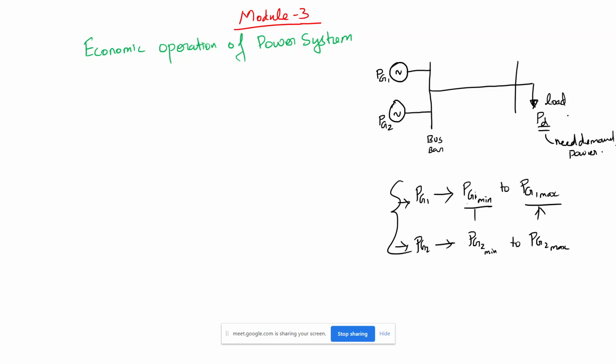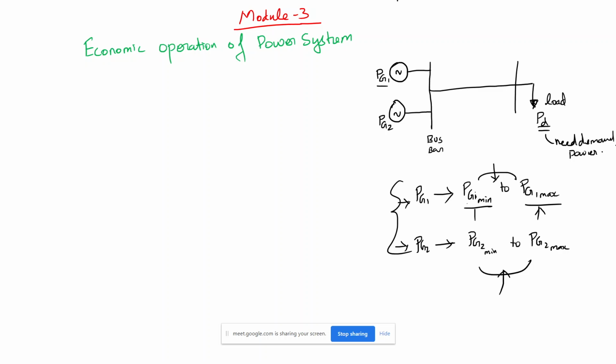This is the usual thing happening, but I need to operate these generators within this range and this range with the aim of reducing the cost, or with the aim of optimized cost.